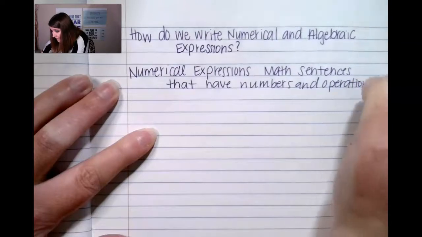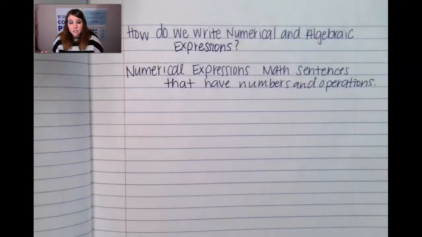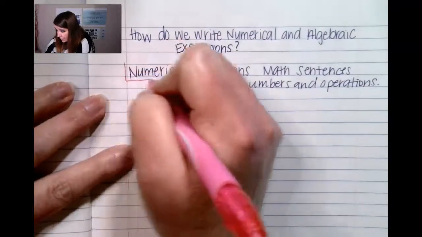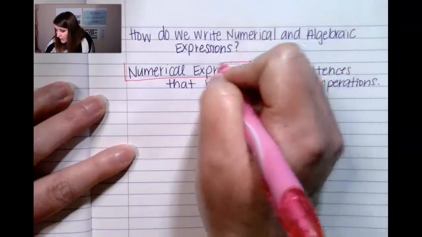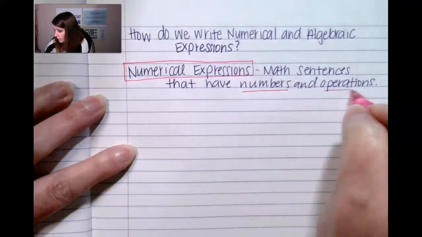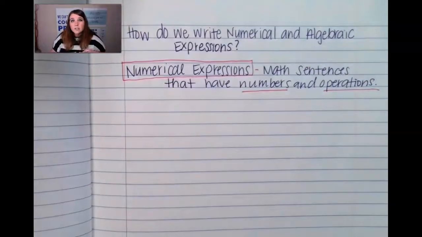So these are different from algebra and algebraic ones because they do not have letters. That's the only difference. So between numerical and algebraic, numbers versus letters. So when I say write a numerical expression, I am telling you that I only want numbers and operations; algebraic, numbers, letters, and operations.